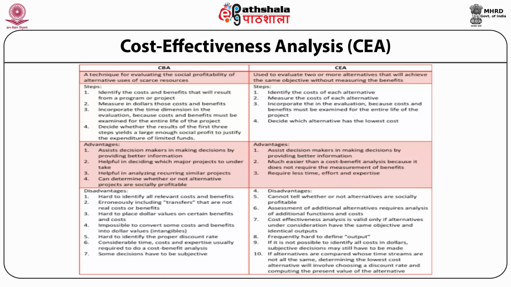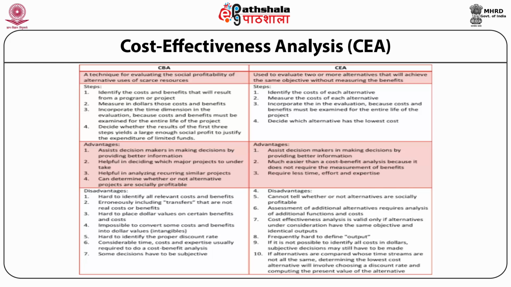And under CEA, disadvantages include it cannot tell whether or not alternatives are socially profitable. Assessment of additional alternatives requires analysis of additional functions and costs. Cost effectiveness analysis is valid only if alternatives under consideration have the same objective and identical outputs.